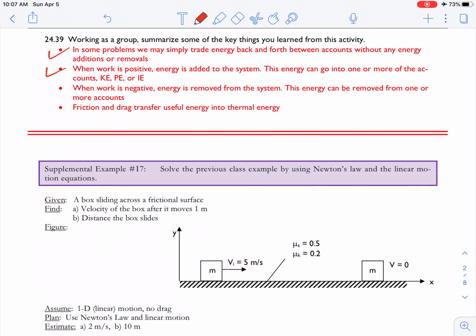Again, work is a way to add or take away energy from the system. So we can either add energy, or when work is negative, energy is removed from the system. This energy can be removed from one or more accounts, similar to adding energy in the system. And friction and drag transfer useful energy into thermal energy.